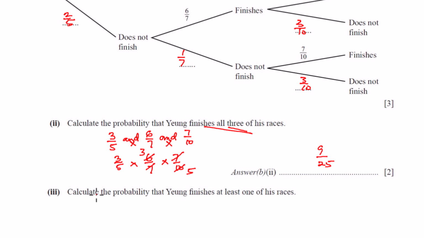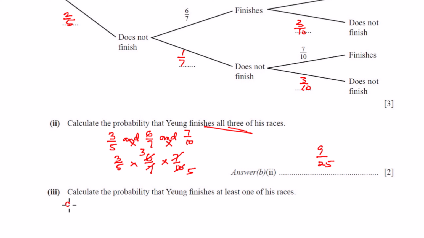Now, the most delicate of all these questions is this last one, which is calculate the probability that Young finishes at least one of the races. Now, the understanding from here is that there are 3 races.